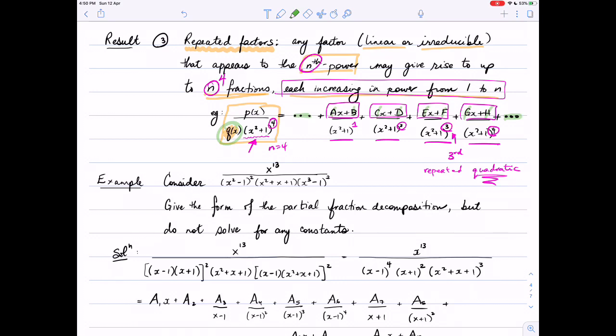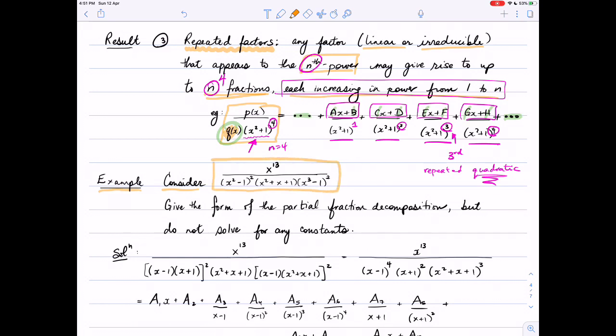So you can get the impression perhaps quickly that this kind of expansion can get very big very fast with repeated factors. So let's look at a couple of examples with these repeated factors. First here, let's consider this fraction.